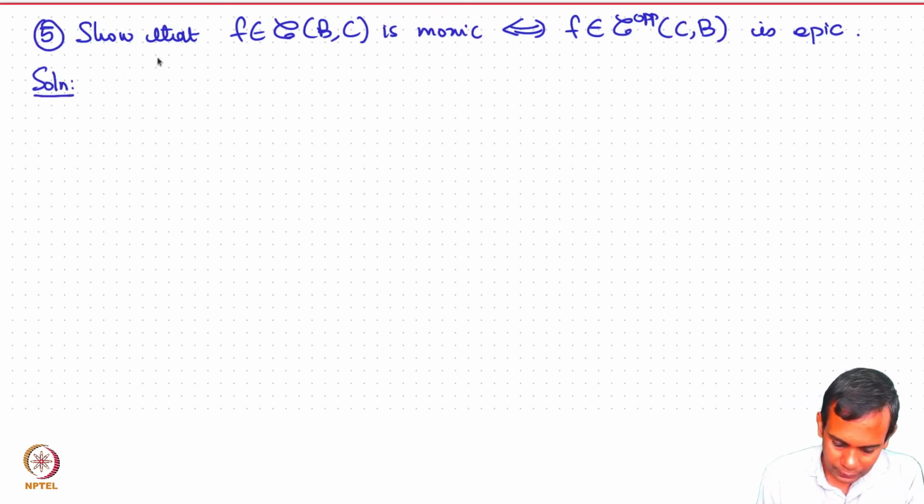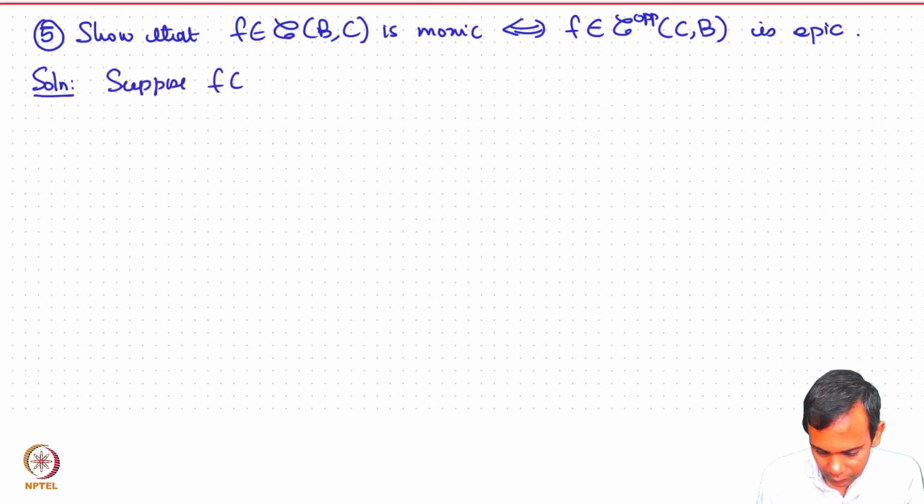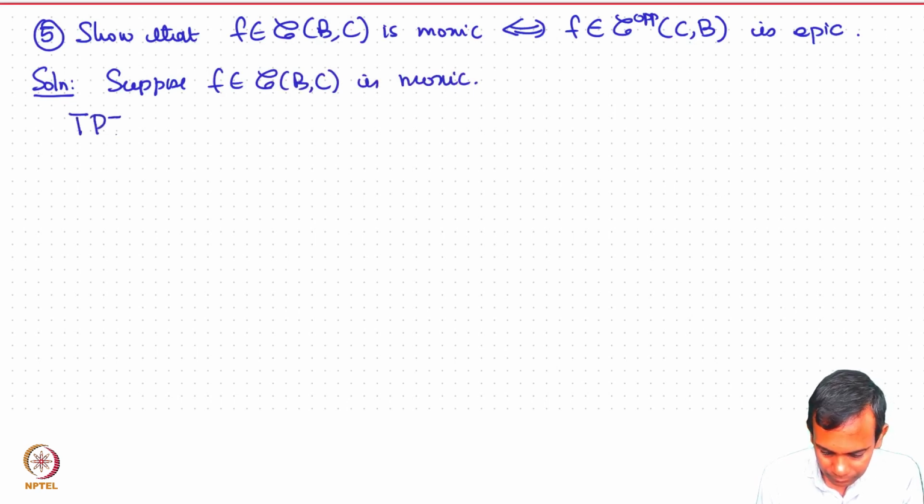So let's prove, firstly, suppose F is monic. And I want to prove that F in C op is epic.